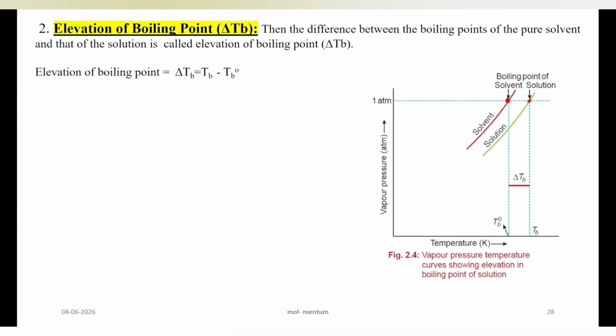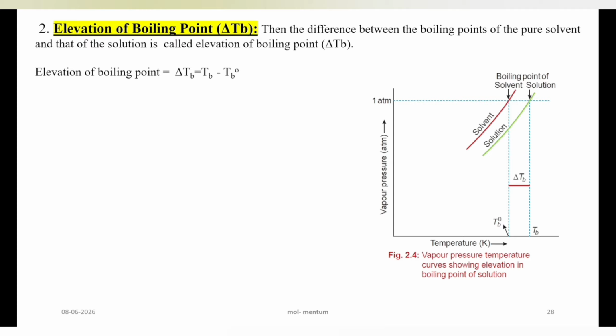This point touches the 1 atm line, so it represents the boiling point of the solution, Tb. If this is the axis of temperature, this is the lower temperature and this is the higher temperature. That is why we say elevation in boiling point. This is the increase in temperature when we add any amount of solute into any solvent, and that is why it is called elevation in boiling point.